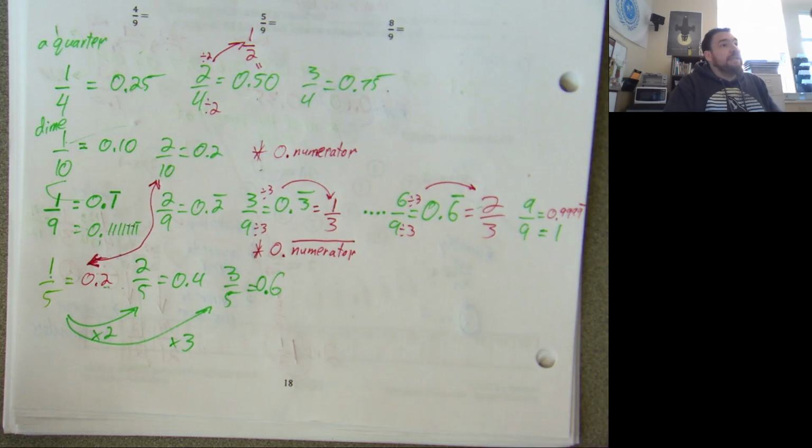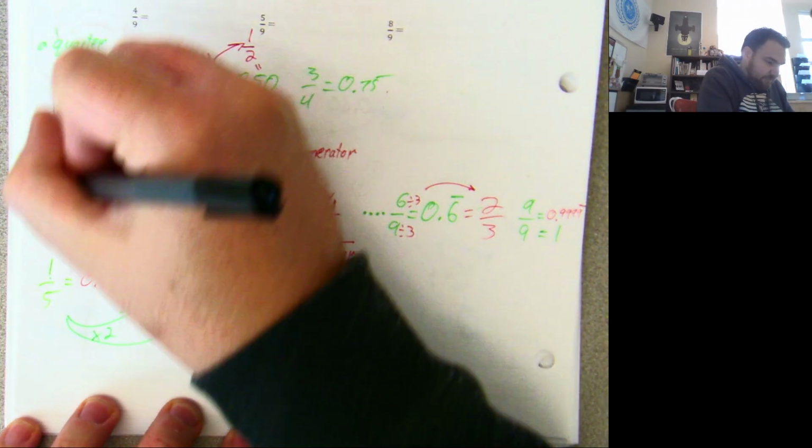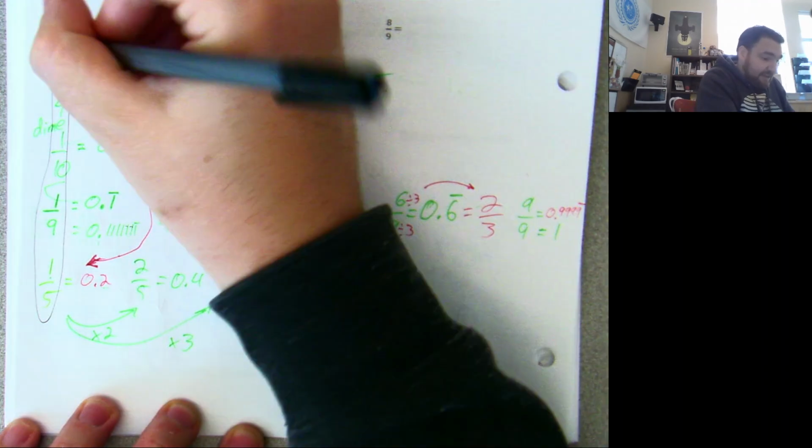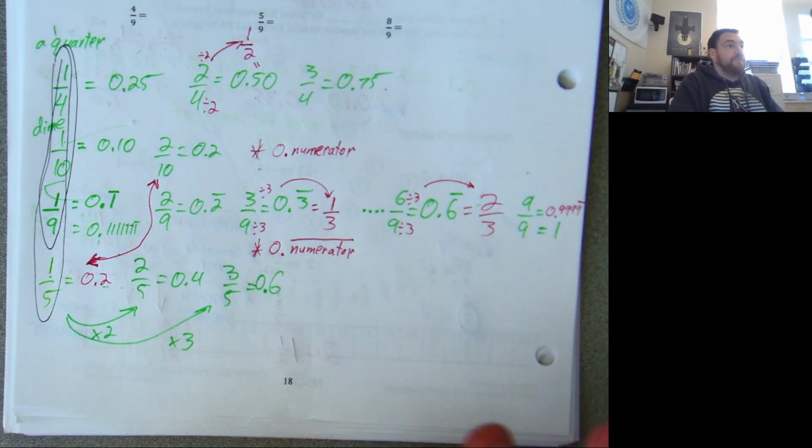It'll always be easier if you can connect it to something that's already drilled into your brain. If you can remember this column right here, and really, if you can remember these three, all of the rest comes super easy.